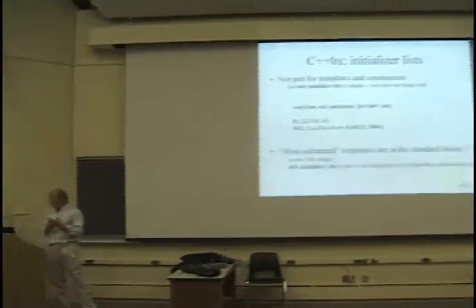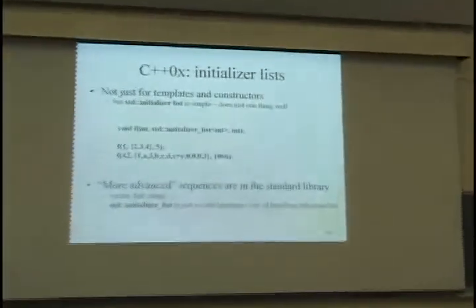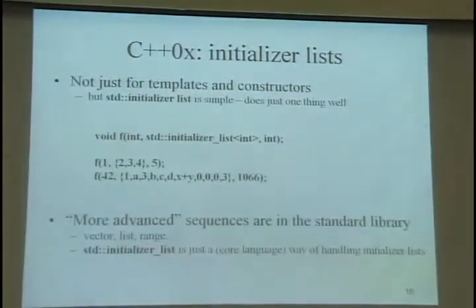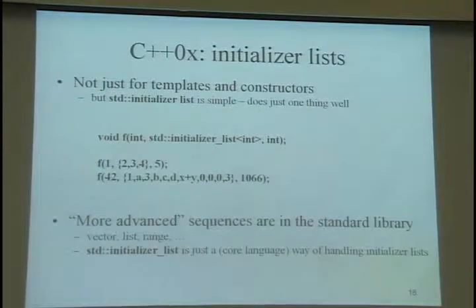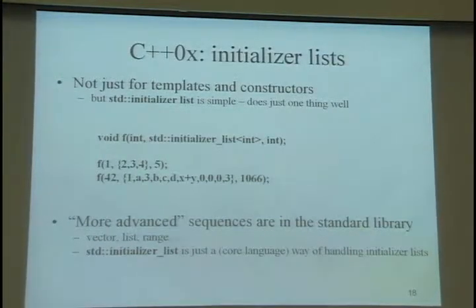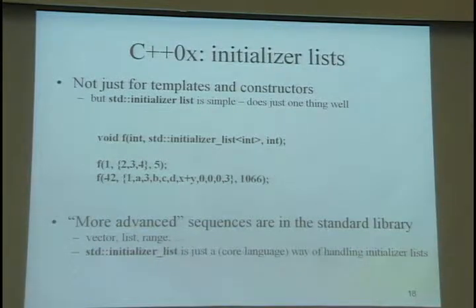As a matter of fact, it's a little more general than that. What we have actually designed here is a mechanism for having an initializer list match a function argument. So I can now say I have a function that takes an integer, an initializer list, and another integer, and I can call it as I see it up there. So what I just got here is a way of passing along a homogeneous list of elements of unknown length.